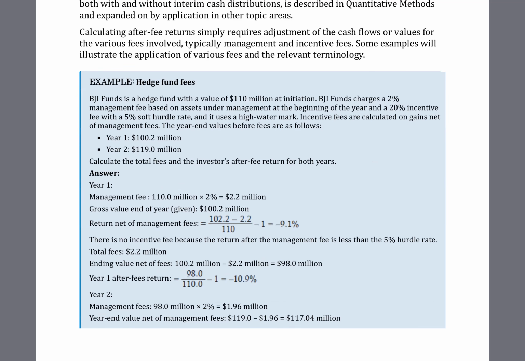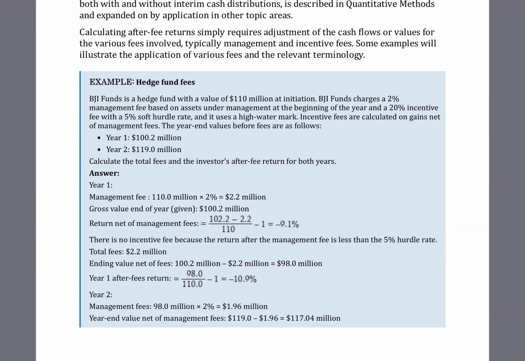So looking at this, when we started with the fund management business here, the amount under asset under management was 110 million. When I calculate 2% of that, it comes to 2.2 million. That 2.2 million, I subtract from the ending value, which was 100.2.